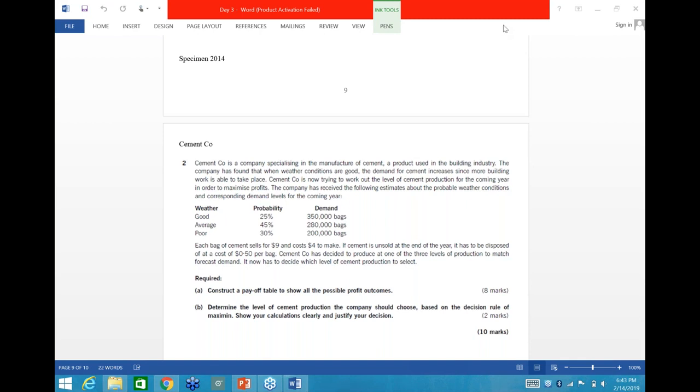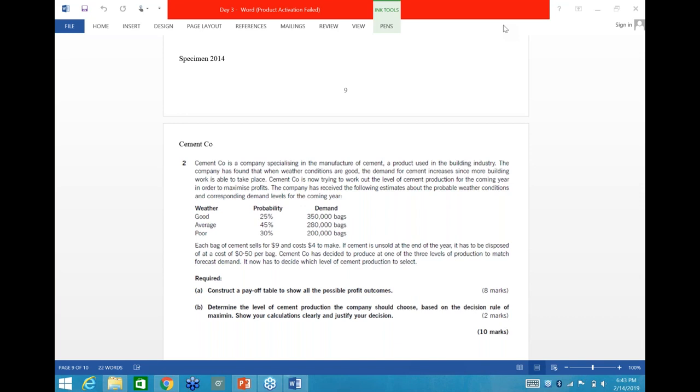It says something like this: a cement company is specializing in the manufacture of cement, a product used in the building industry. We know that. The company has found that when weather conditions are good, the demand for cement increases since more building work is able to take place.